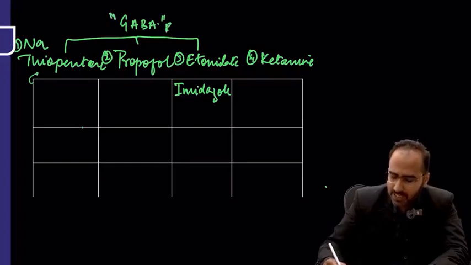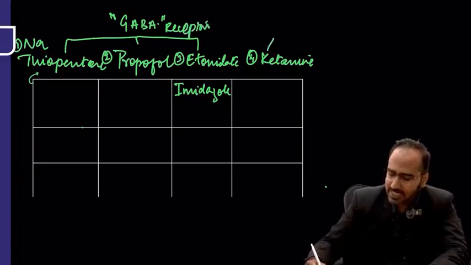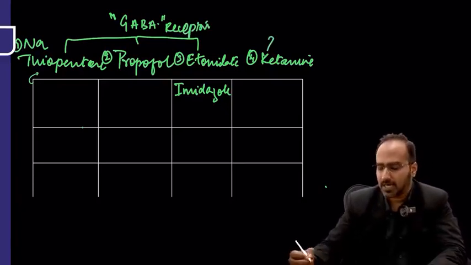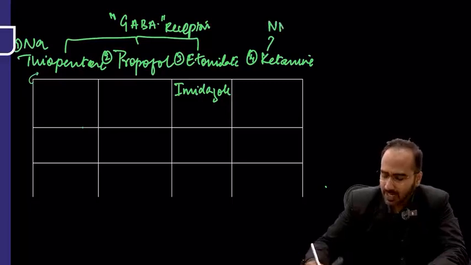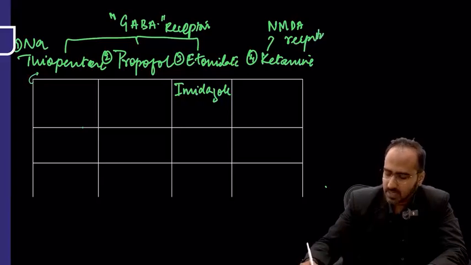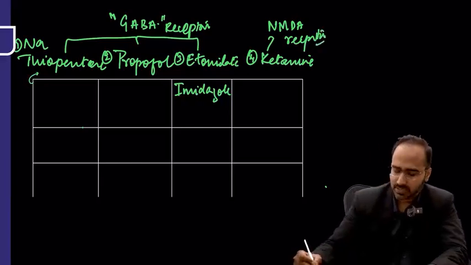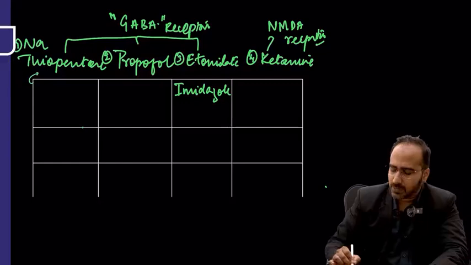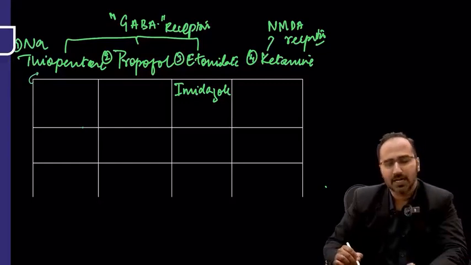They act on the GABA receptor. Whereas ketamine makes the patient unconscious by acting on NMDA receptors. It is an NMDA receptor blocker. Okay? Whereas thiopentone, propofol, etomidate act on GABA.